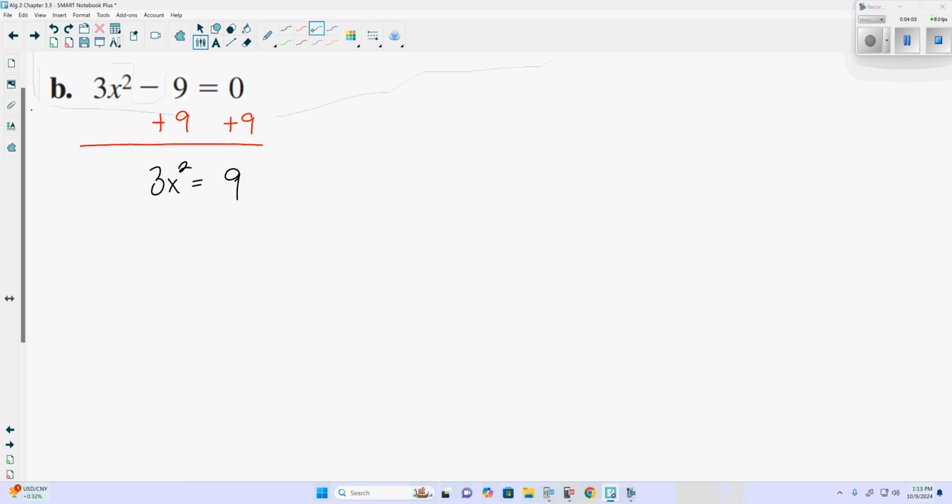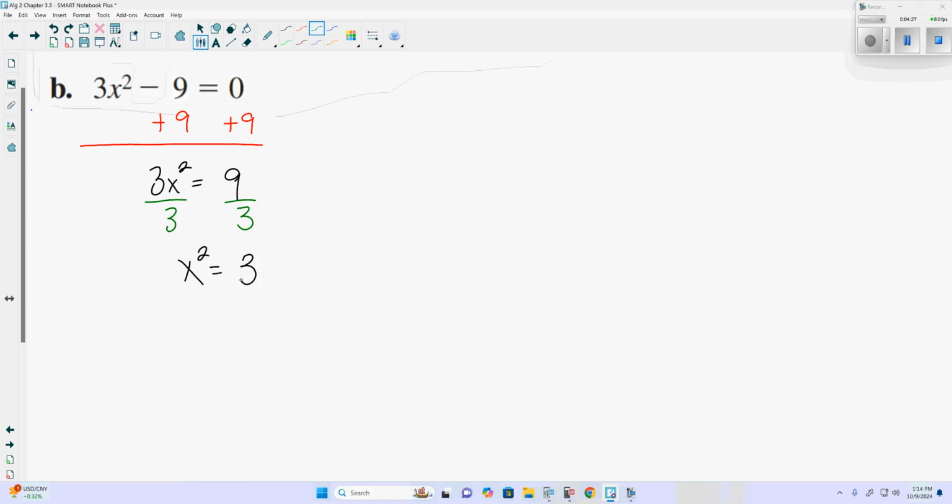Is the squared term by itself? The 3. We need to divide both sides by 3 to get x squared by itself, because our 3x squared divided by 3 is x squared. 9 divided by 3 is 3.